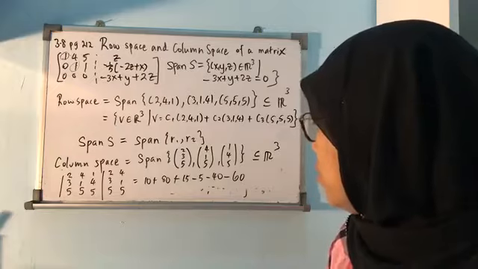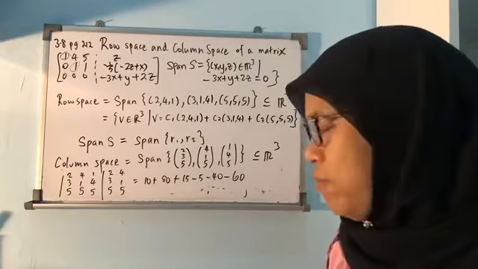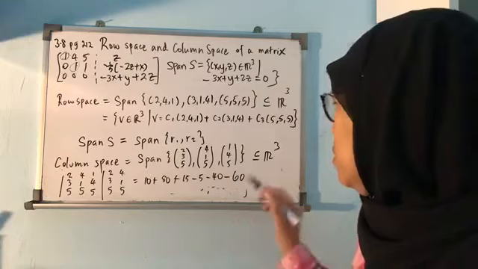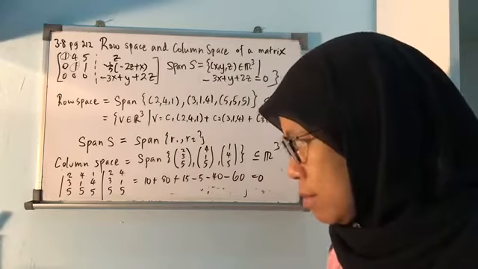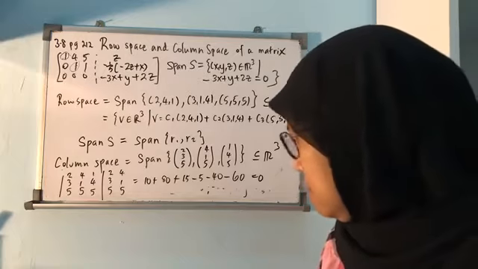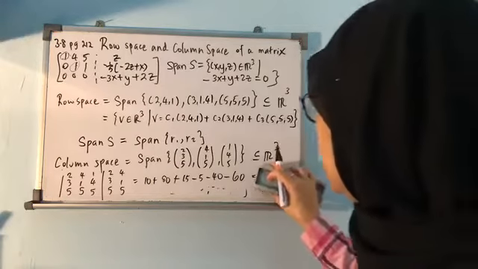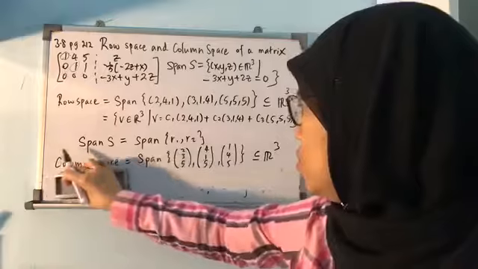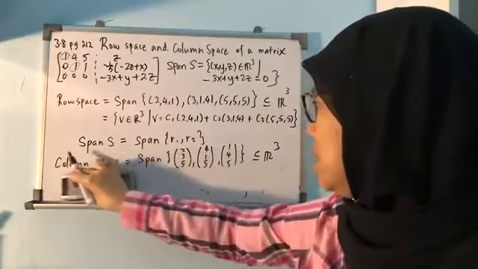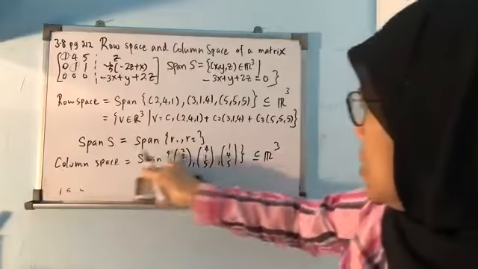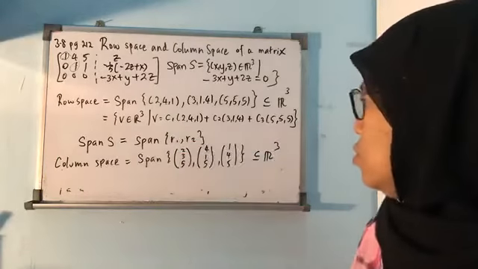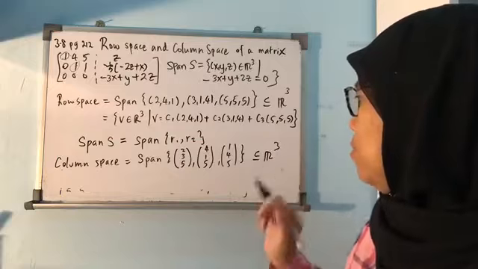So 105 minus 105, that is 0. Meaning this is not independent. This is dependent, meaning you can get rid of one. The span is not R3, it's a part of R3.